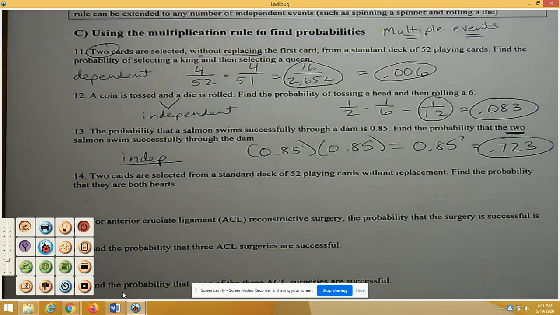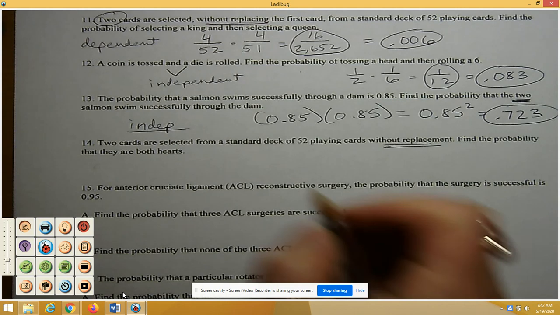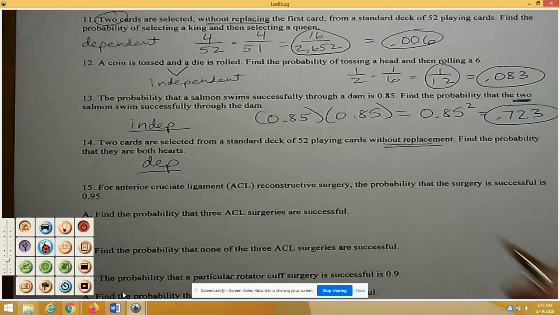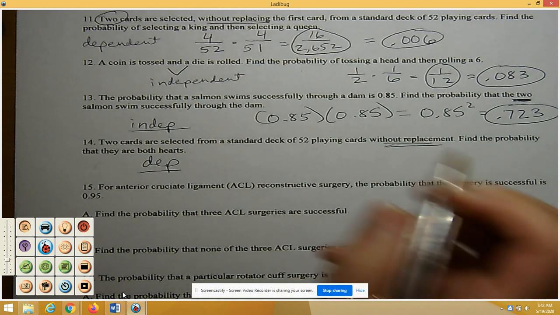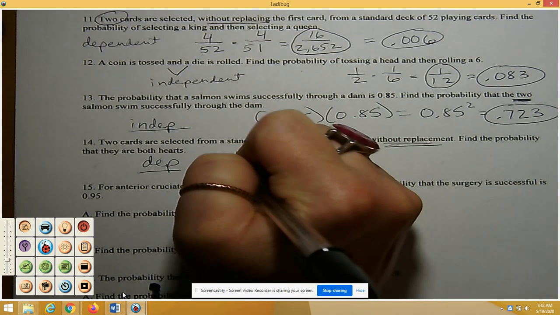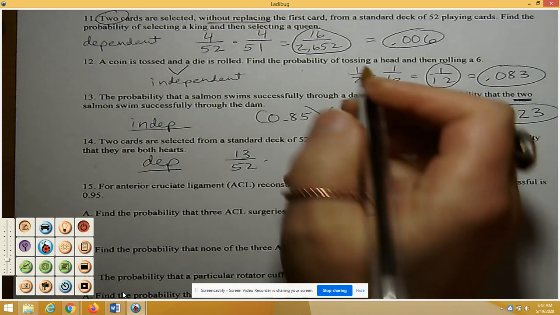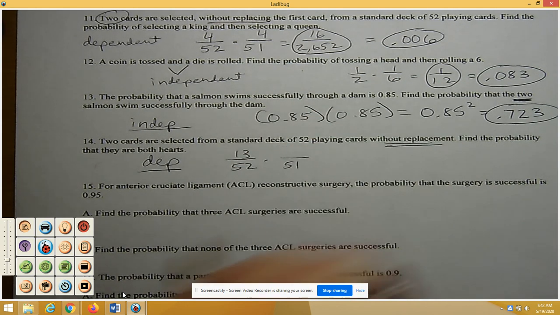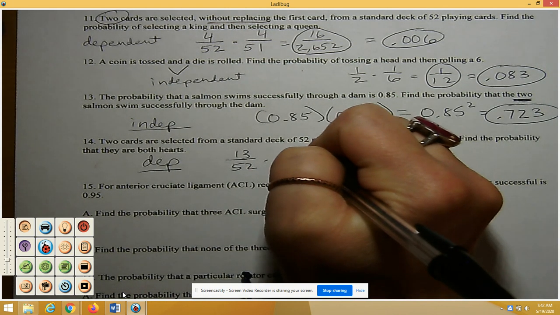Okay, now if you look at the next question, 2 cards are selected from a standard deck of 52 playing cards without replacement. Whenever you do not replace, that's going to be dependent. Find the probability they are both hearts. All right, so there are 13 hearts in a deck of cards. And then this one, not only does the sample space change from 52 to 51, but we're looking at another heart. So originally you had 13 hearts, now you only have 12 hearts.